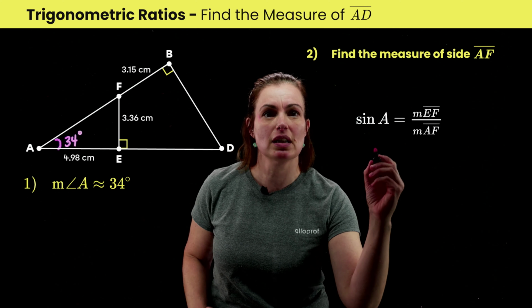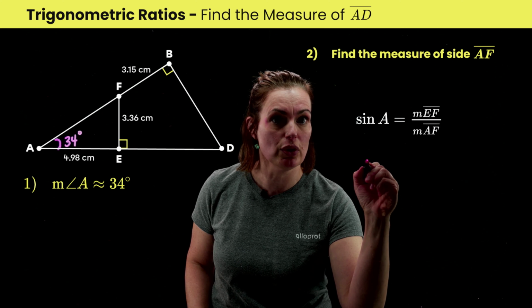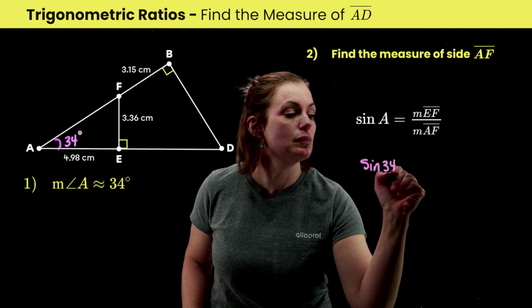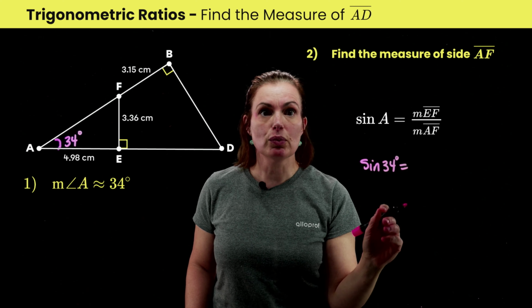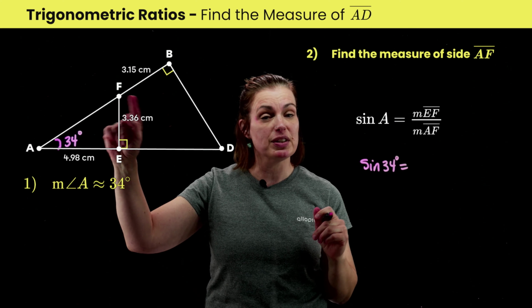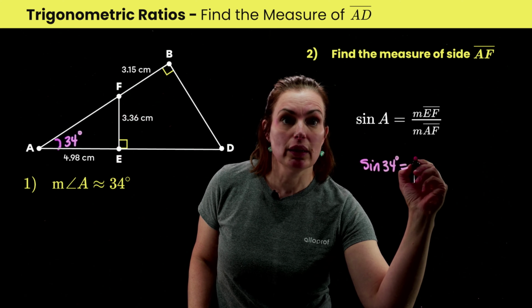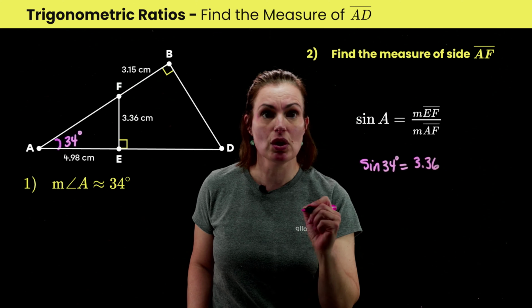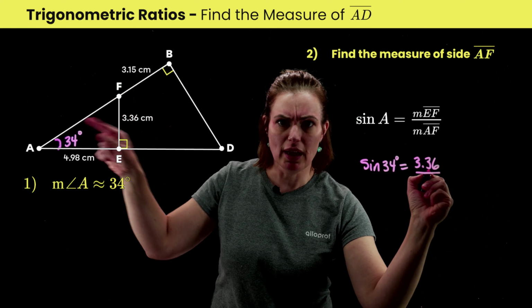So that means that the sine A, which is actually the sine of 34 degrees, which is my angle A here, is equal to the measure of EF, which is the measure of the leg opposite to angle A, and that is 3.36 centimeters over the hypotenuse AF.